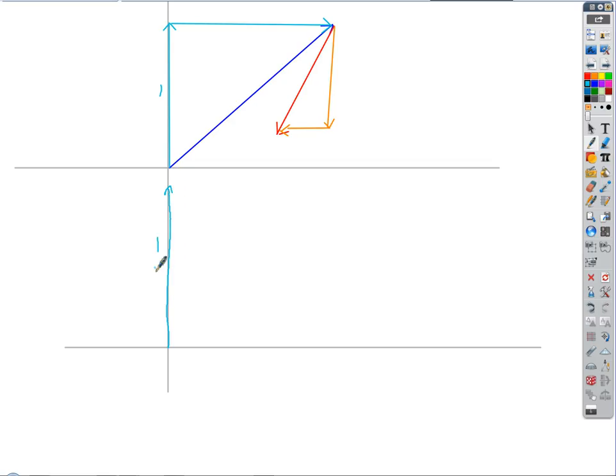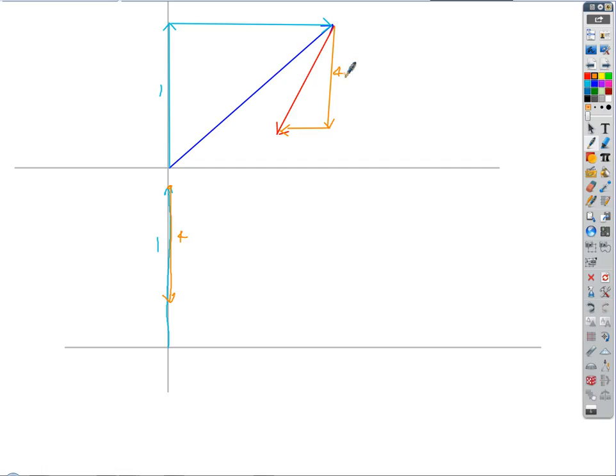Let's add that to orange piece number one. What do we end up with? That much vertical, right? So when you're adding them up, let me call that vector 4. We add them tip to tail.